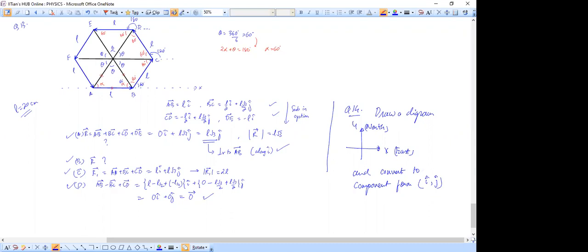Convert all the vectors. So whatever vectors are given to you, P, Q, R, convert them to component form. Okay, and solve. So you'll get it. You try it by this method.